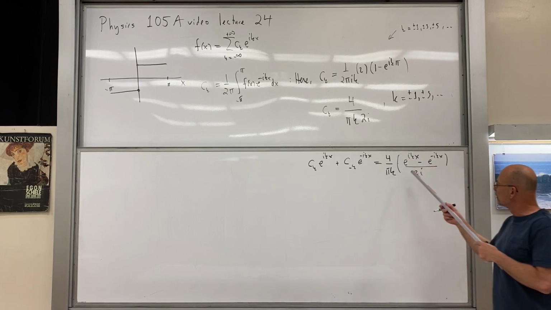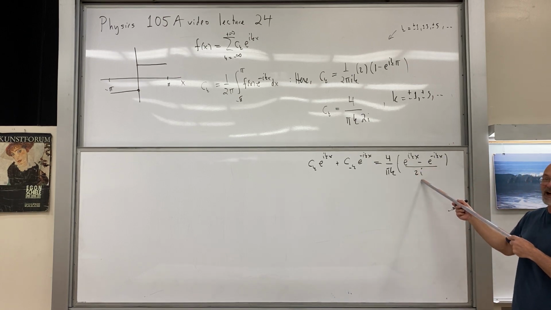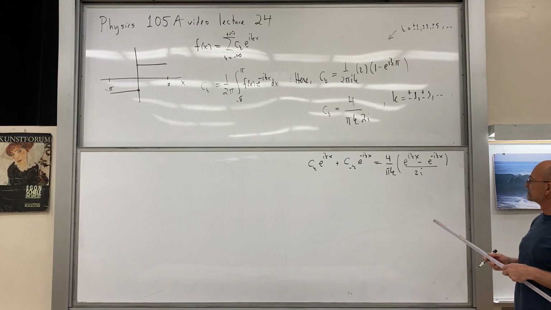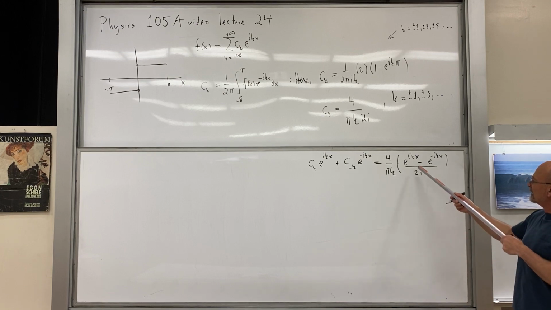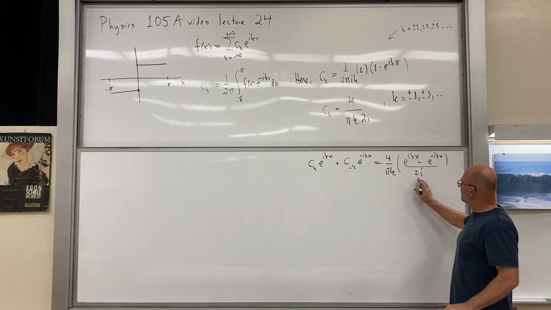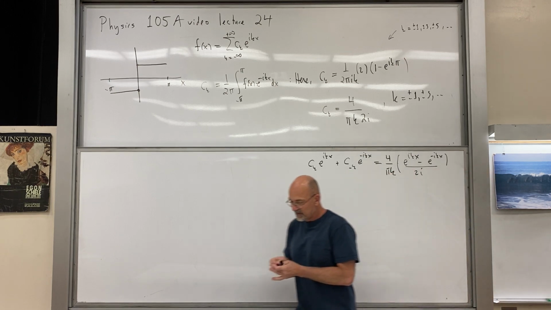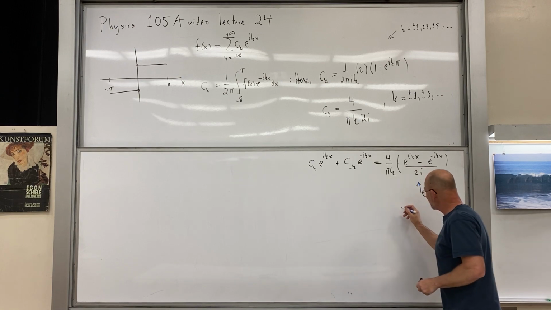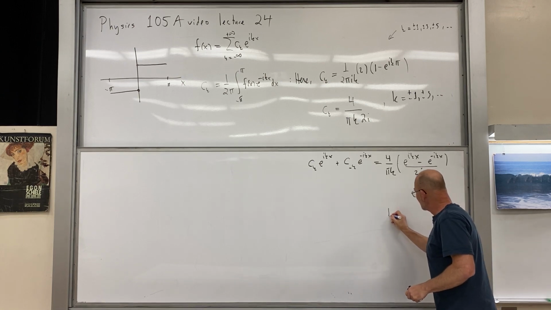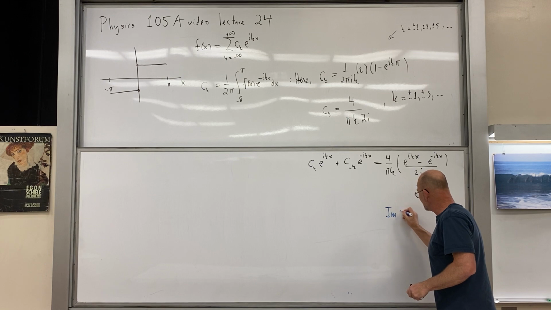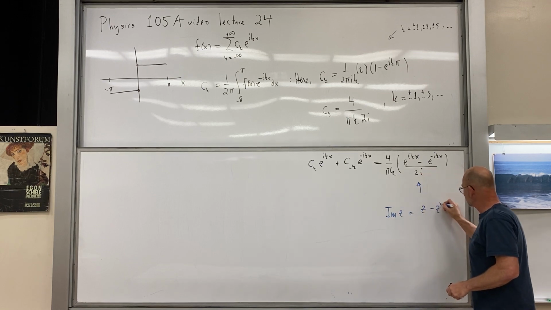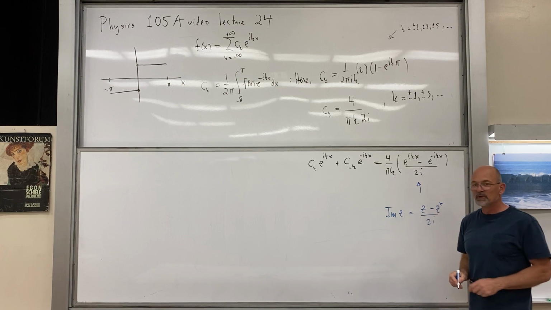This here you're supposed to recognize as being the sine of k times x. I'll just put here, in case you hadn't seen or remembered that, the imaginary part of z is z minus z star over 2i.